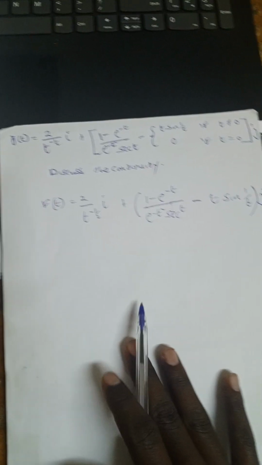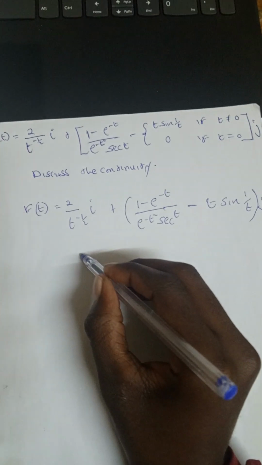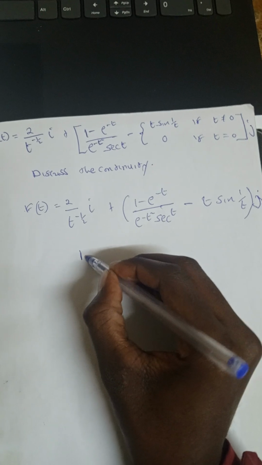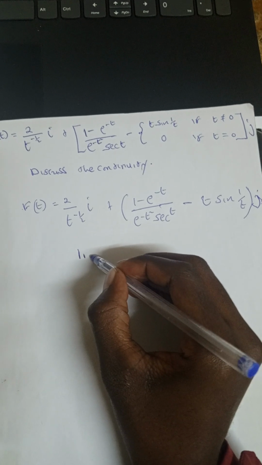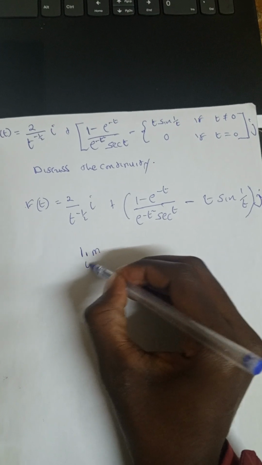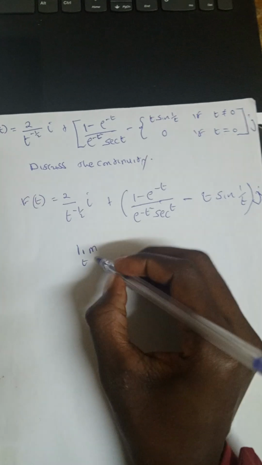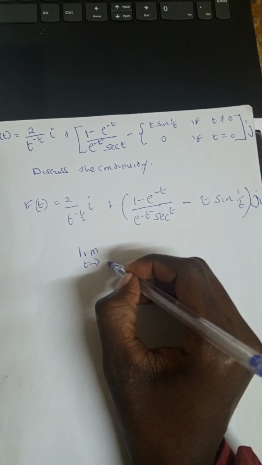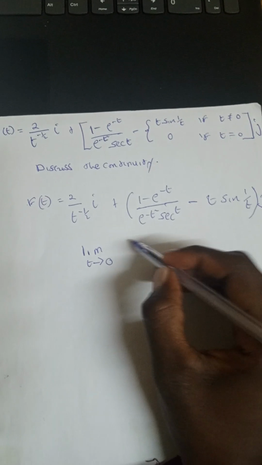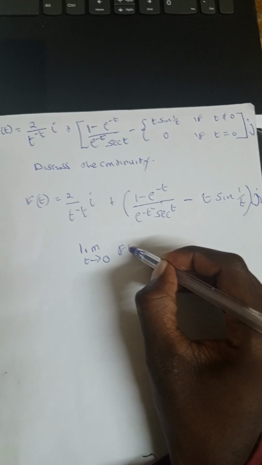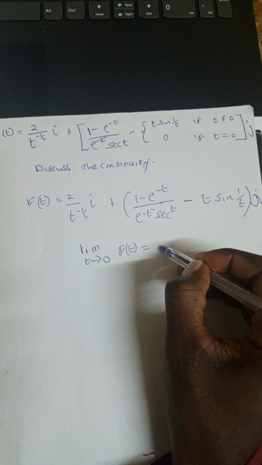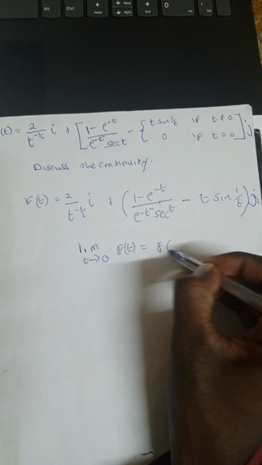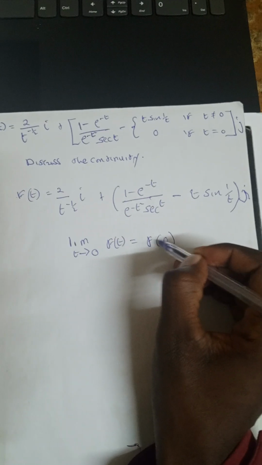Now, for a function to be continuous, we must prove these conditions. The limit of f(t) as t approaches 0 must be equal to f(0), when we just substitute 0 for t directly.